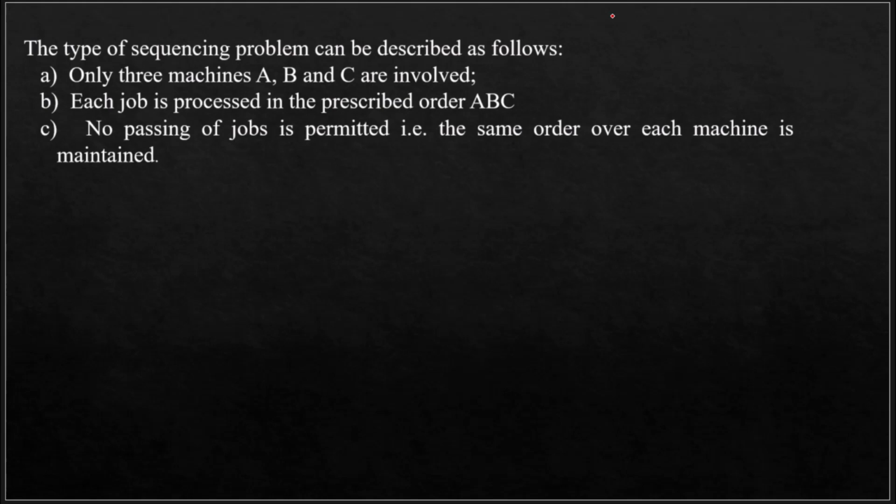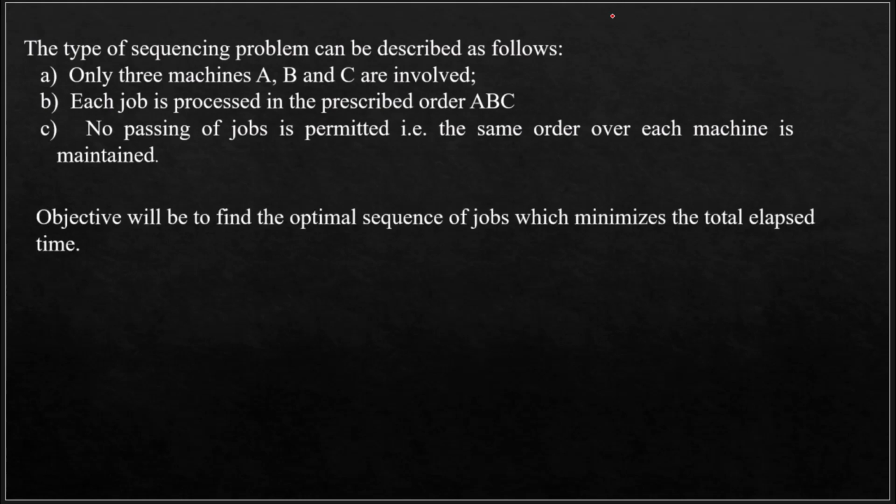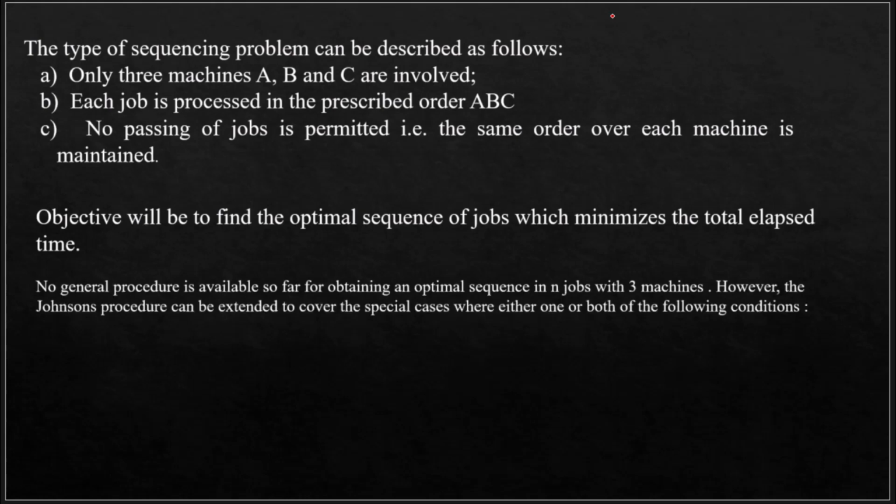The main objective is to find the optimal sequence of jobs which minimizes the total elapsed time. For n jobs with three machines, there is no general procedure for obtaining the optimal sequence. So by using Johnson's procedure, we convert these three machines into two machines if certain conditions are followed.